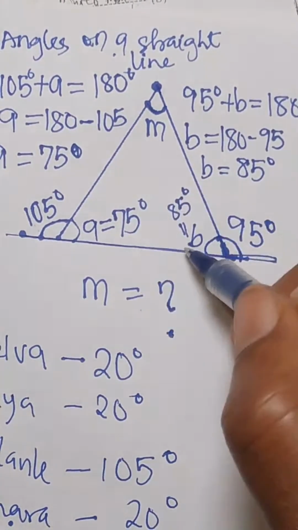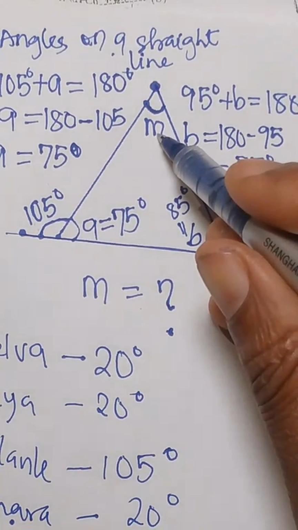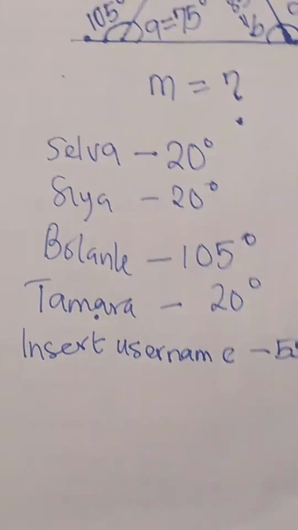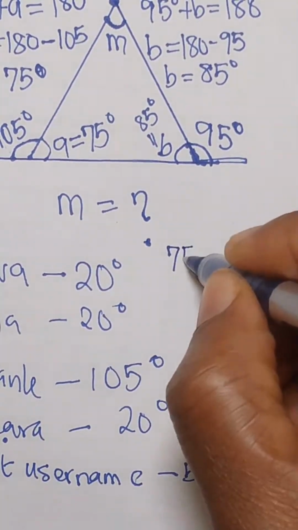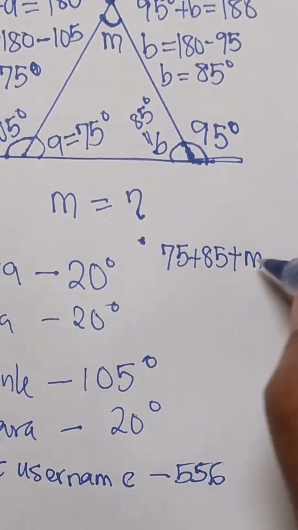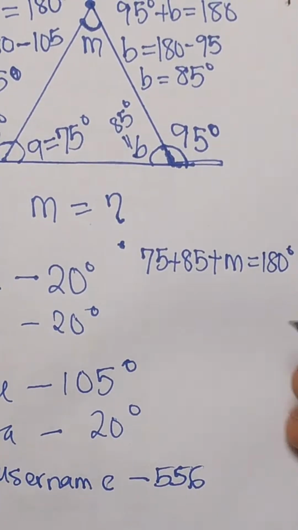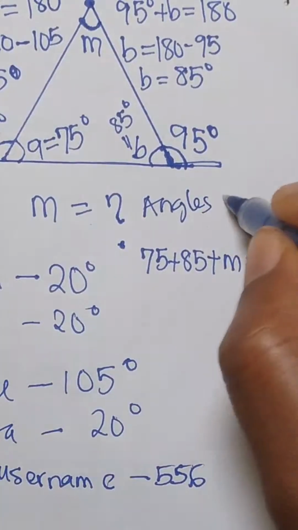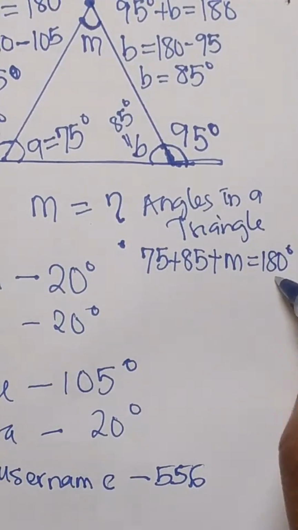We now know these two sides. Now to find M, we add up everything inside. We add 75 plus 85 plus M is equal to 180. Reason: angles in a triangle. That is why we have this equal to 180.